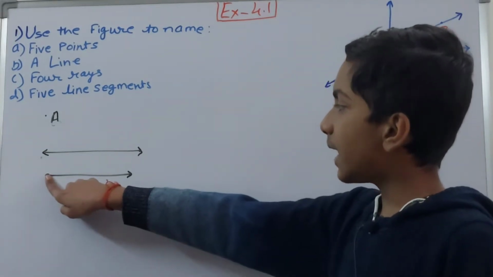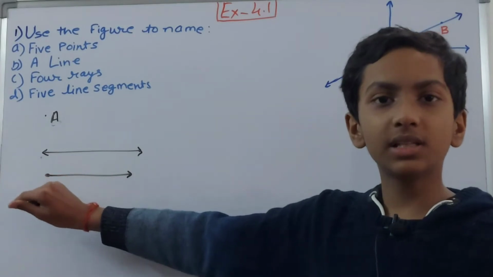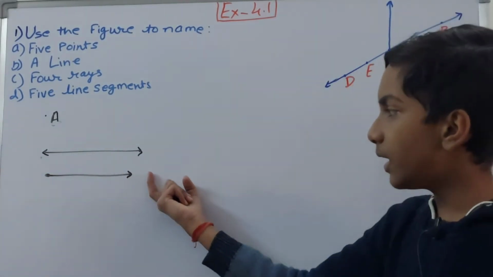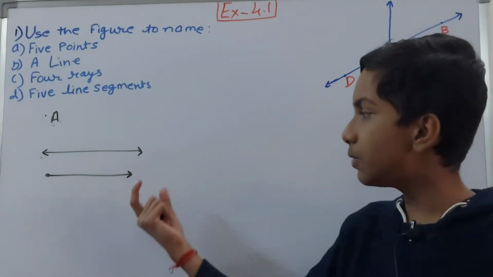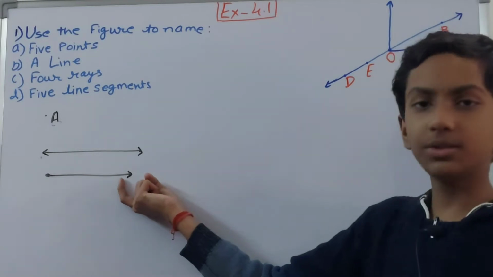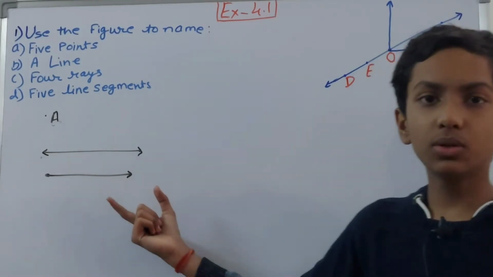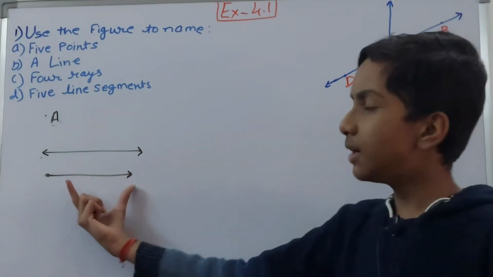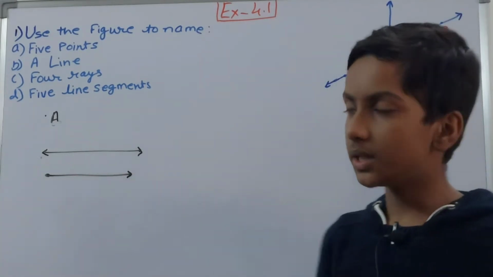Like here it is at left, so you cannot extend this ray to the left side. In a ray you have only one point and one arrow. The arrow is at the right side, so you can extend the ray to the right. And a ray also does not have a fixed length.